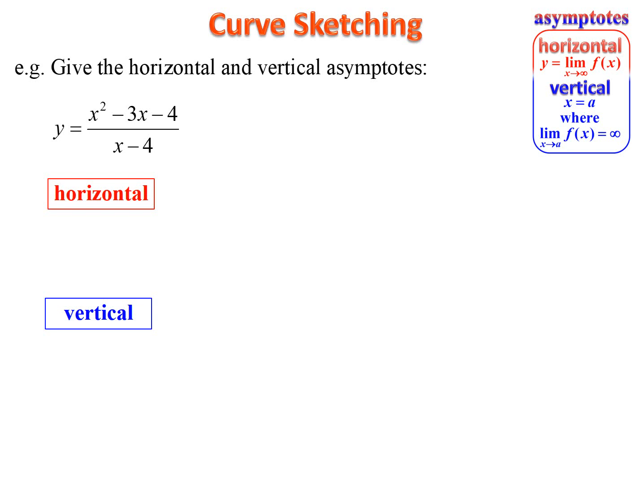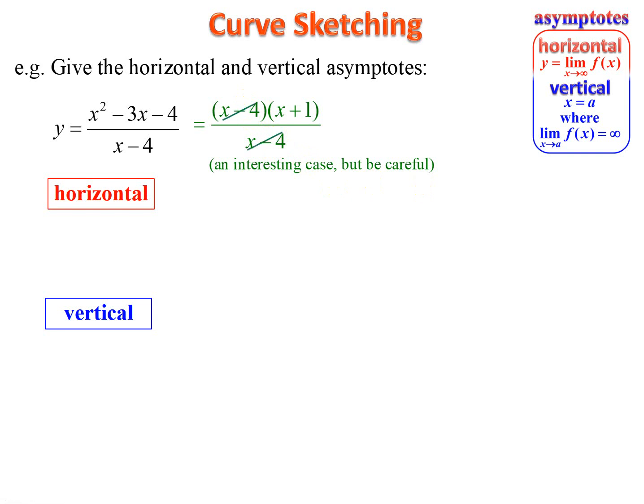This one you've got to be careful of. There's the warning. Because hopefully you recognize that you can factorize and something's going to happen there. Now have a look what we have. We have x minus 4 over x minus 4.